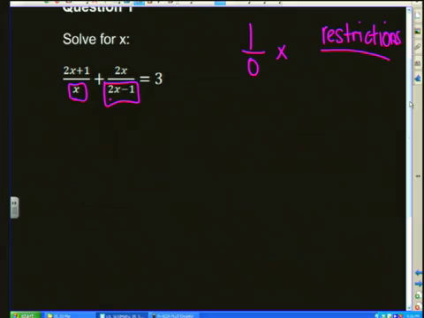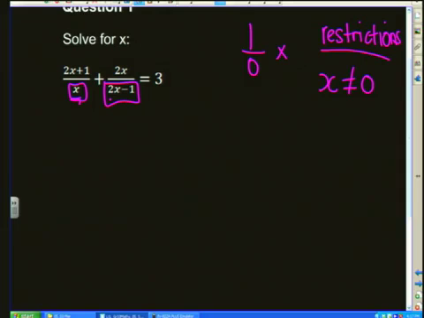Firstly, we've got x in the denominator in the first term. The only value that would make that denominator naught is if x itself is naught, because then you're dividing by 0, which is undefined. So x cannot equal naught. Now, in the second term we've got 2x minus 1, so it's not as easy to see.